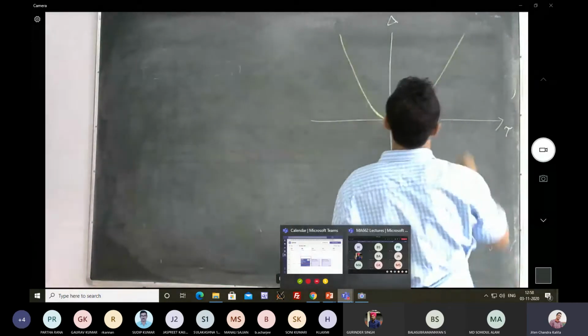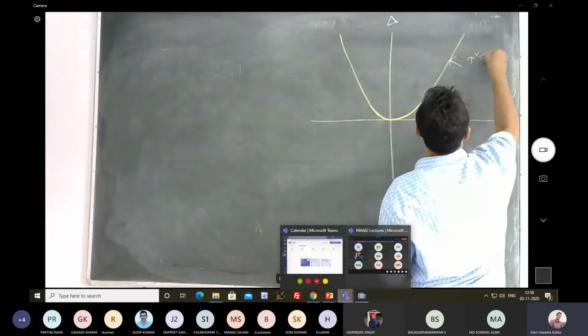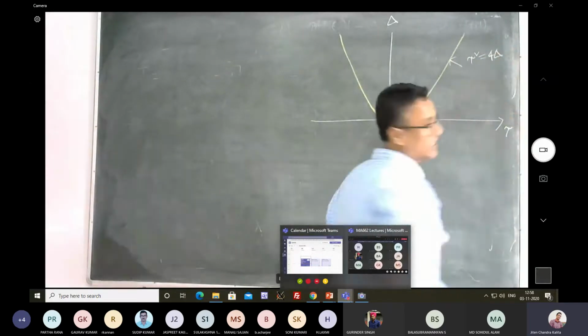I had a case like this: this is tau squared equal to 4 delta.